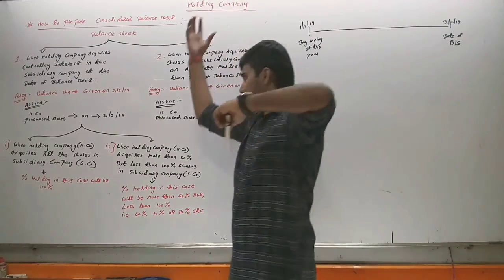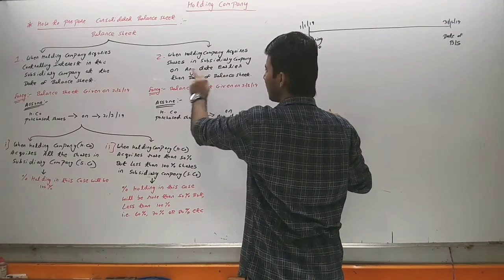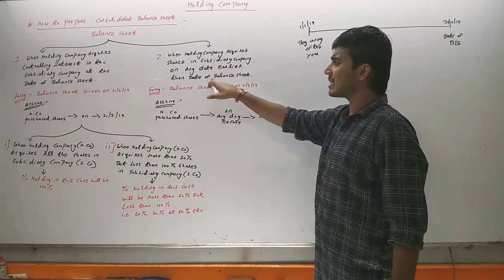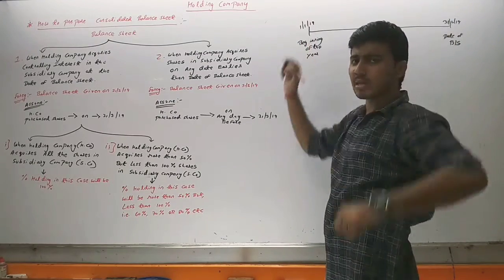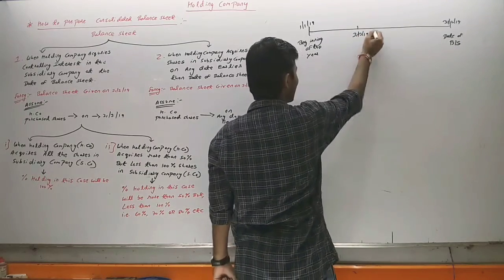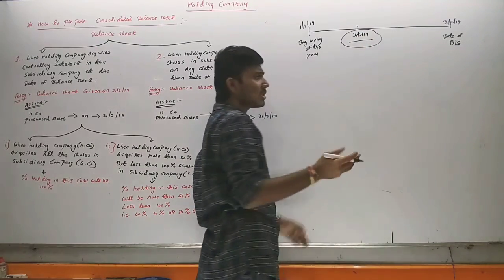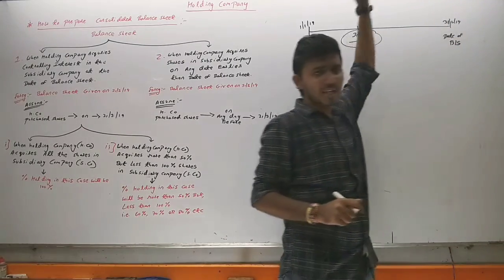Now our second case comes when the holding company acquires shares in the subsidiary company on any date earlier than the date of balance sheet. Suppose the holding company has acquired the shares of the subsidiary company on 31st March 2019. 31st March 2019 is not the balance sheet date. Our balance sheet date is what? 31st December 2019.